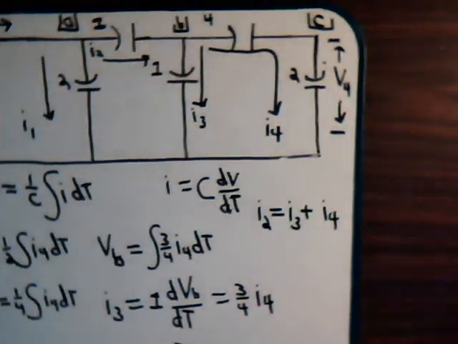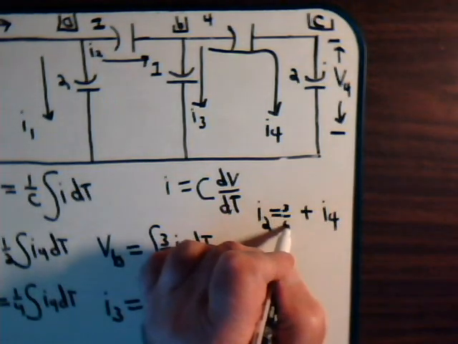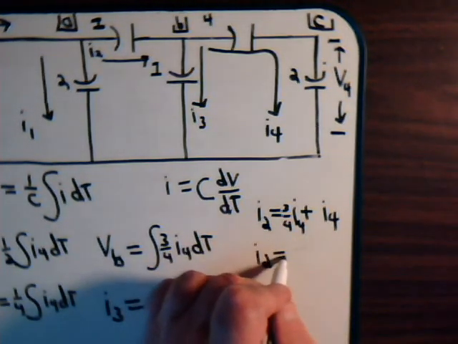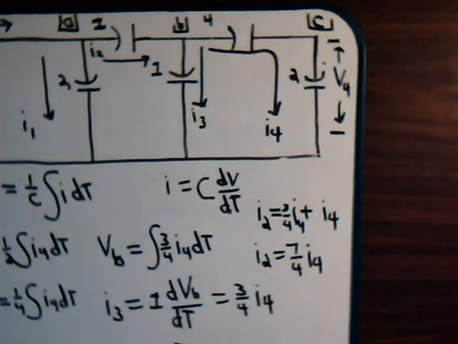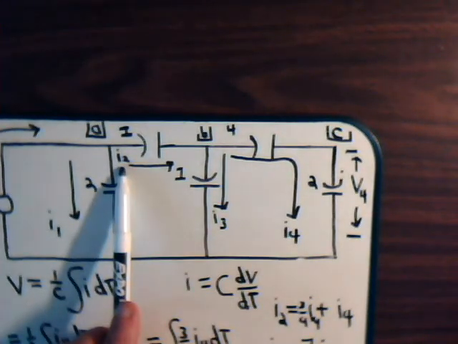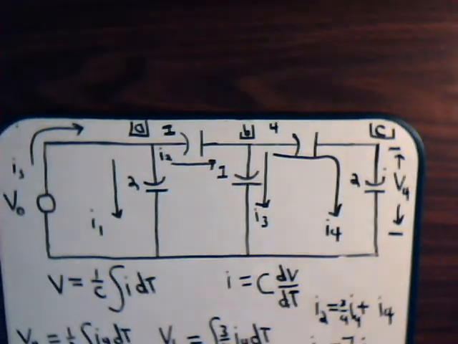So here we can put in 3/4 I4, and we have that I2 equals 7/4 times I4. So now we have a general relationship between current I2 and I4. Eventually we want to know the relationship between this and I4.